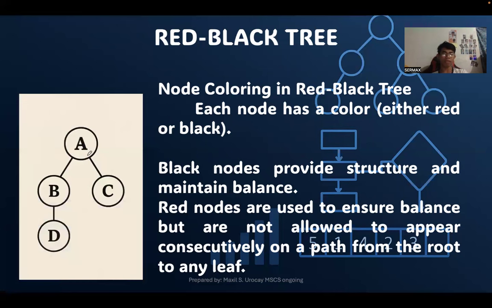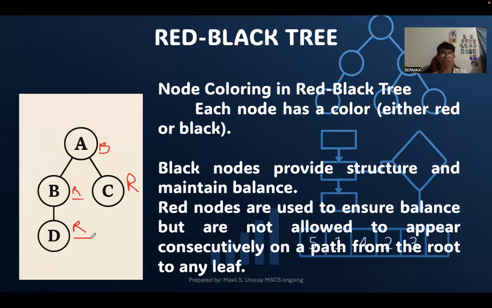a red-black tree. Say, for example, this is a red-black tree. This is black, and this is red. For example, this is red, and this is red. If this is the case, two consecutive reds, it is not balanced anymore.